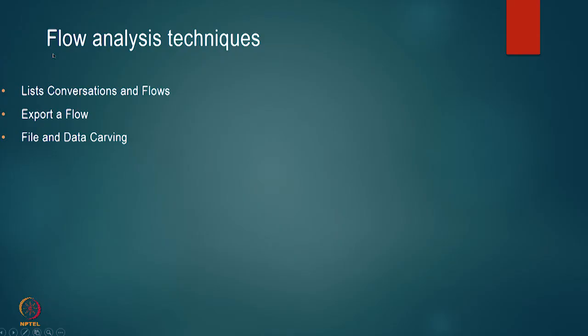So, how do we do flow analysis? One is we list the conversations and flows, and then the particular flow of interest we export. Using that, we try to identify the data that is relevant to us during network forensics.